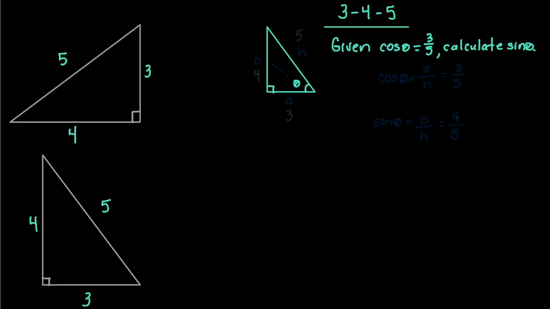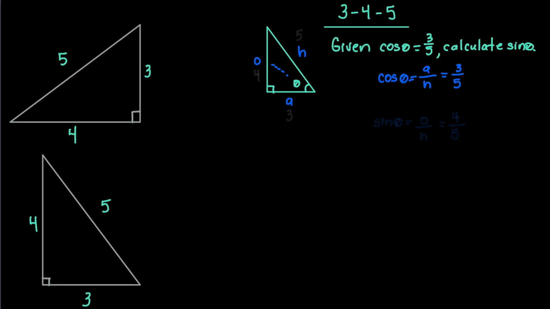Okay, our theta is drawn, so we're going to label our sides. If this is theta, this is opposite, adjacent is next to, hypotenuse is always across from 90. We know cosine of theta is equal to adjacent over hypotenuse, which is 3 over 5.